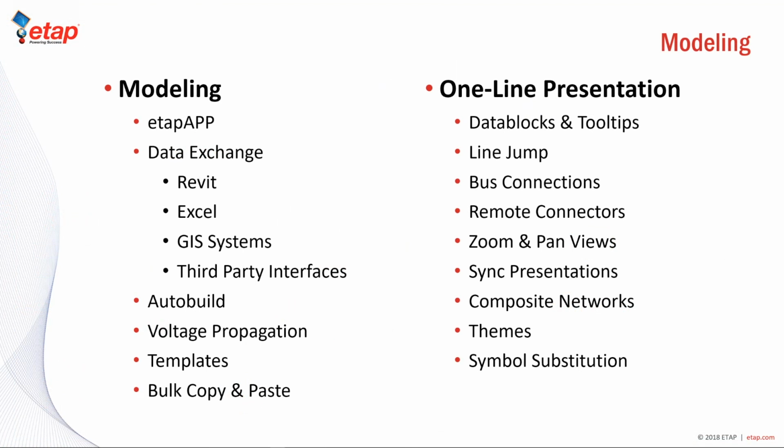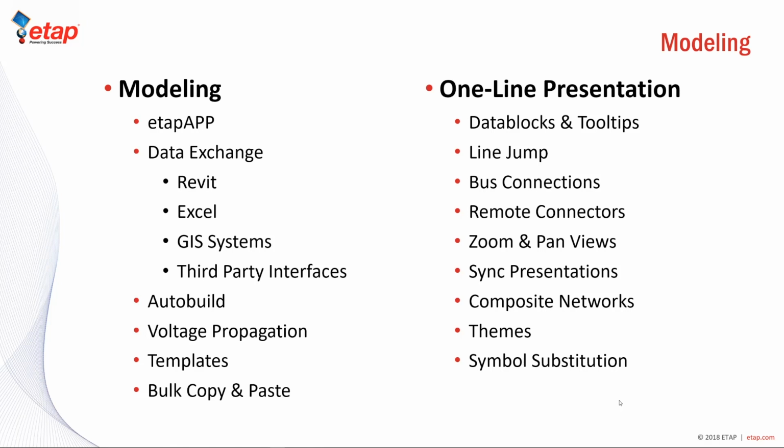I've just covered a few of the abilities of ETAP modeling and OneLine presentations, the look and feel. We still have existing tools you can take advantage of, such as composite networks and themes. We do have videos on many of these, but at this time, I wanted to focus on the newer items that were put in for the ETAP 18 series.